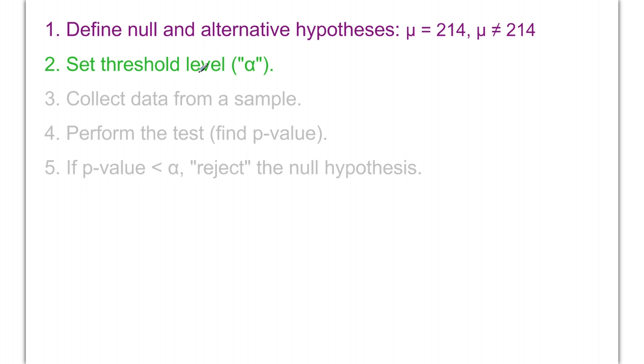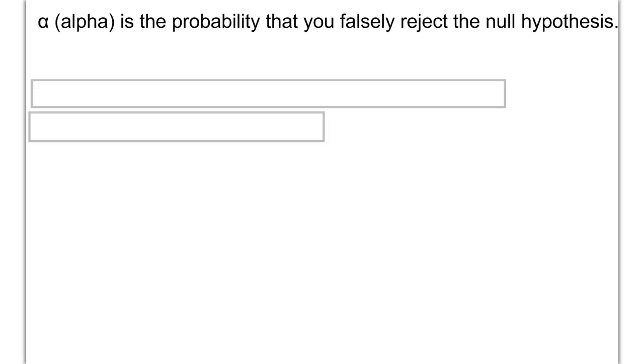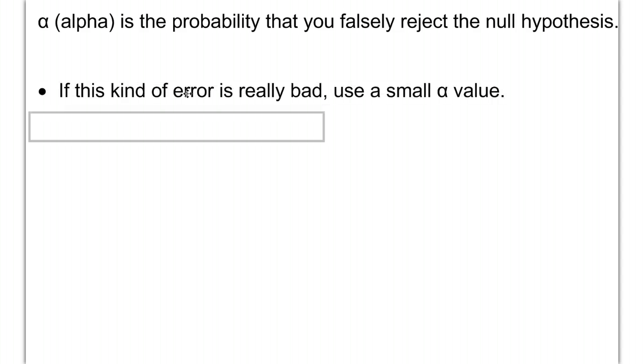Then we need to pick a threshold level called alpha. What that means is we need to decide at what likelihood we are willing to say that the null hypothesis is in fact wrong. Alpha is the probability that you falsely reject the null hypothesis.